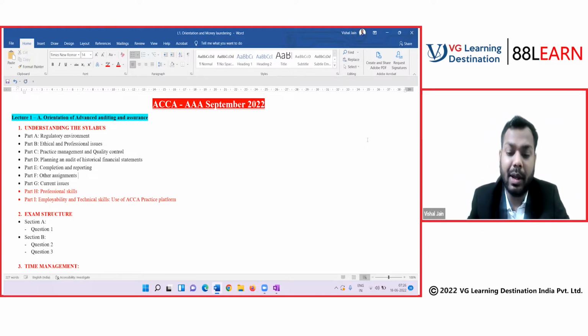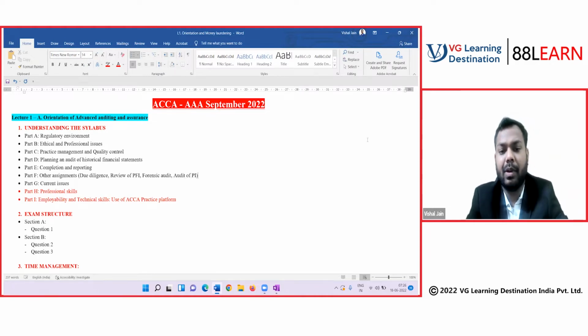It might be in the nature of due diligence, review of prospective financial information, forensic audit, or audit of performance information. It might be anything. There are a lot of works that we take up in an audit firm.